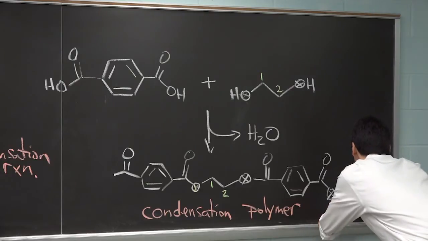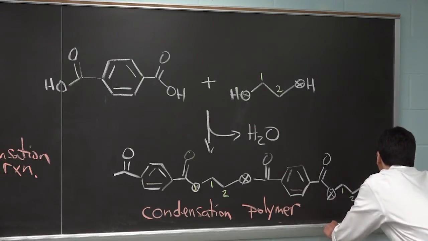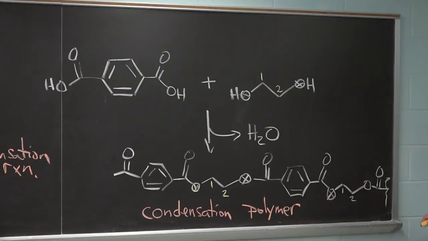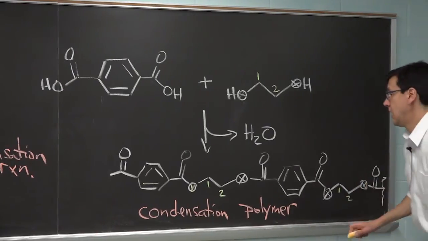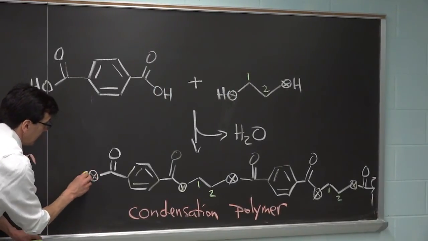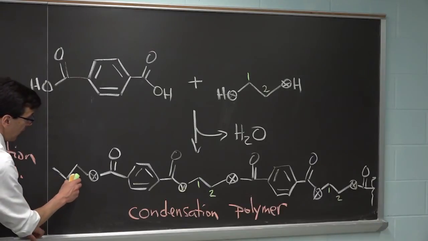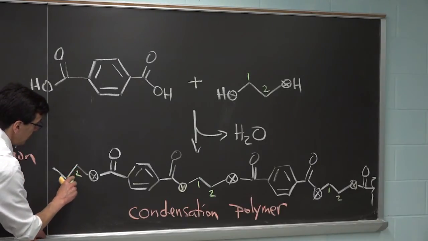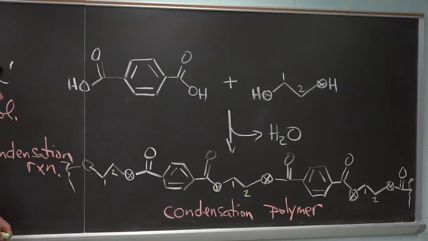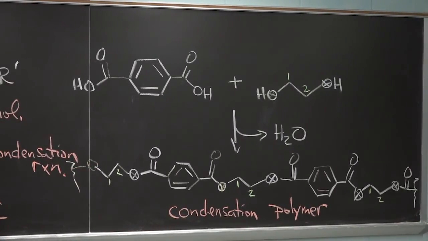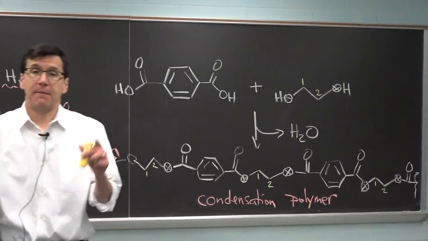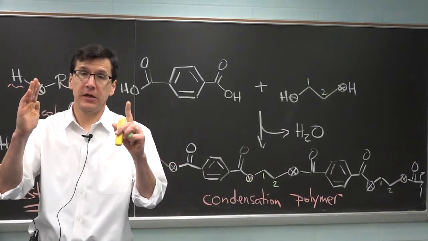Here's carbon 1, here's carbon 2, there's another O, etc. over there. And then over on this side, the polymer can continue like this. There's two carbons here, carbon 2, carbon 1, O, etc.